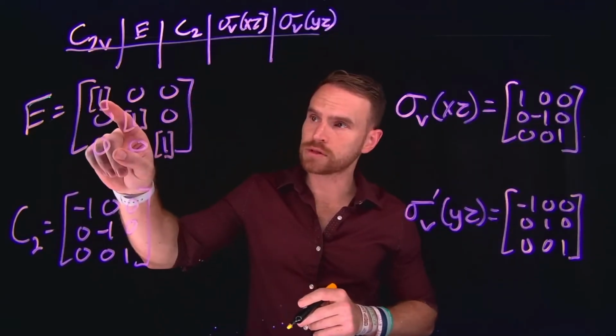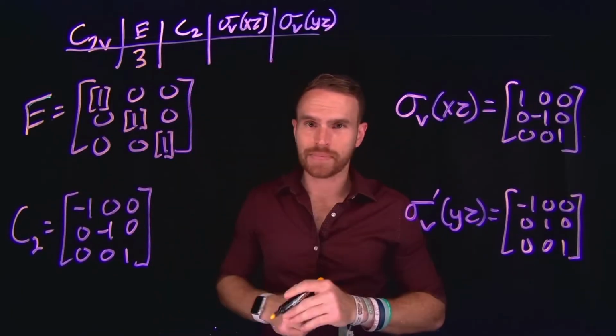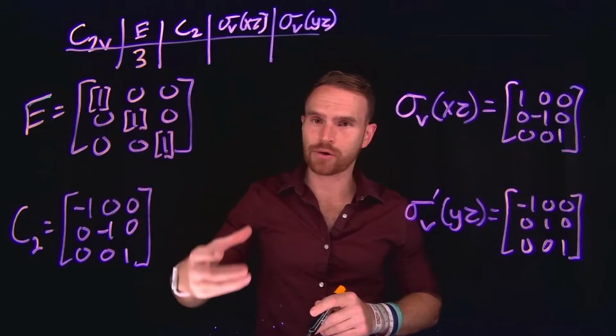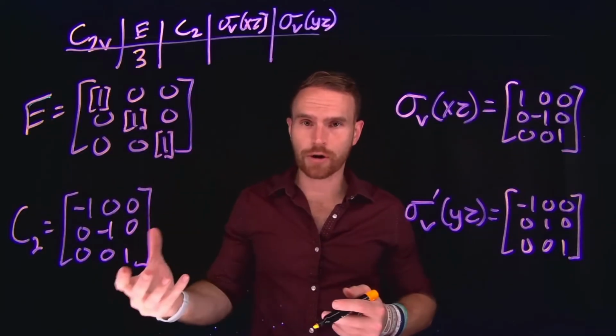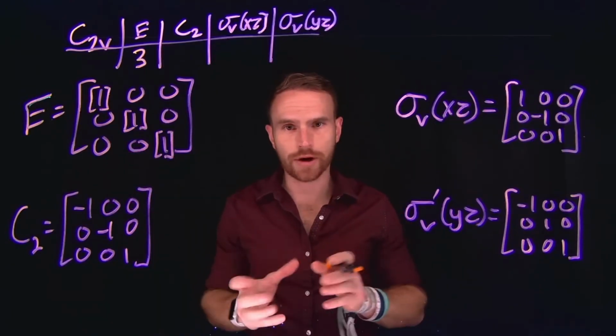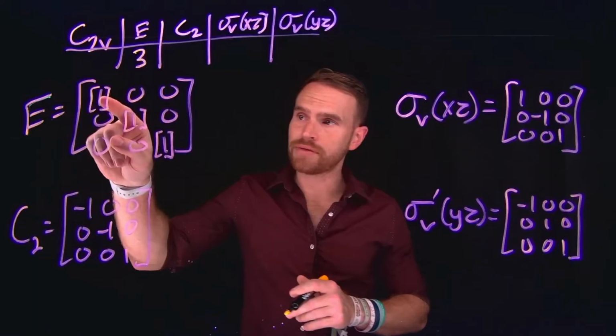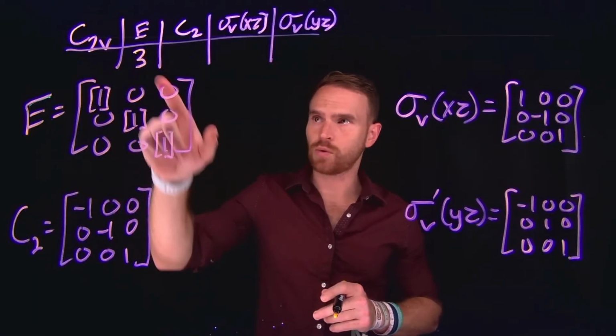And then if we're to add 1 plus 1 plus 1, we would get a 3 under E. And this value that goes inside the character table is called a character. And a character is defined only for a square matrix. So it would have to be a 3x3 or a 4x4. It has to be a square matrix. And it's the sum of the block diagonalize along that diagonal. So 1 plus 1 plus 1 is 3.